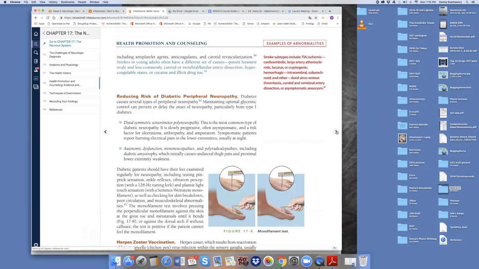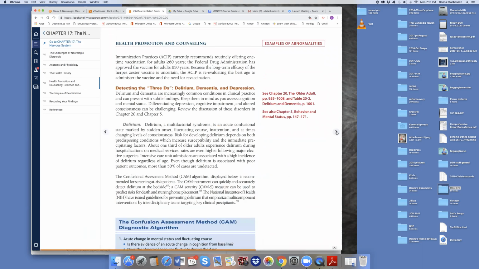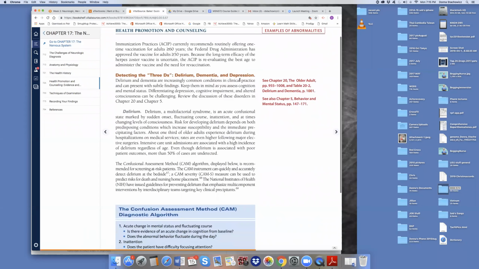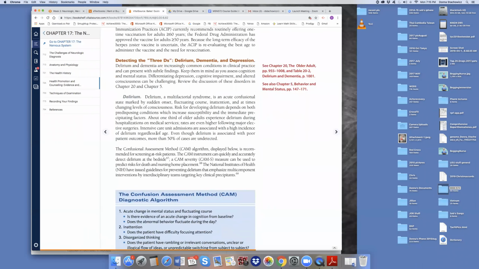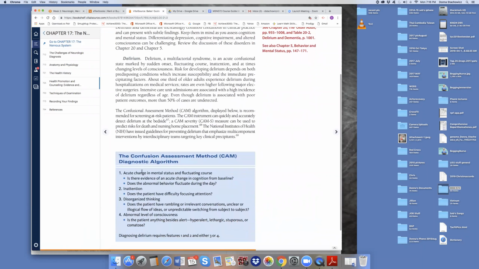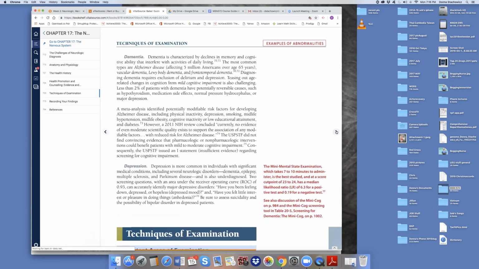So as I'm going through BATES, I'm looking at some pieces here. One of the things that's often on boards is detecting the 3 Ds, delirium, dementia, and depression, and being able to differentiate which one of those your patient has, okay? So there is one, the confusion assessment method diagnostic algorithm, okay, to help you diagnose delirium versus dementia or depression. That's one tool you can use, okay?